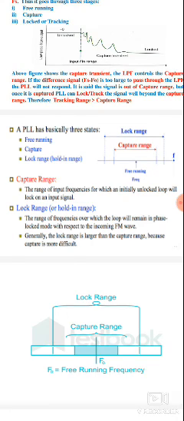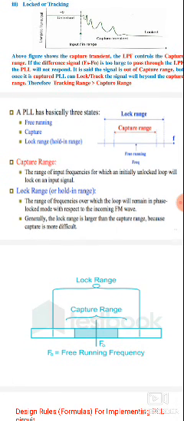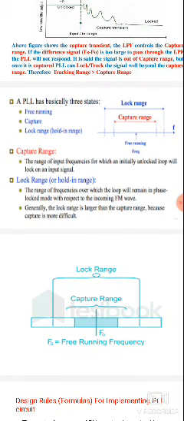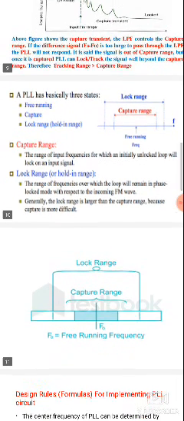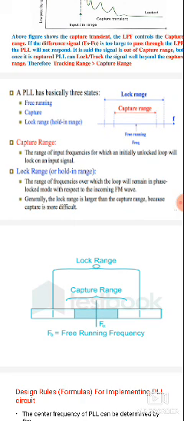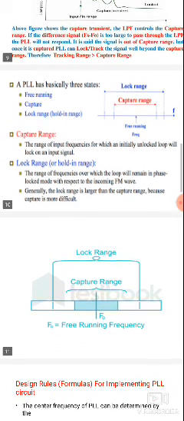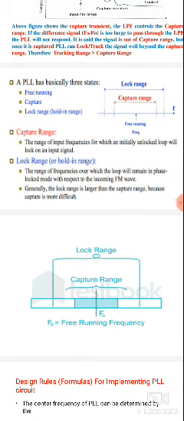If it is too high, the capture range will not capture the signal and the PLL will not respond. If Fs minus F naught is low, it starts capturing. The PLL can track the incoming signal once capturing starts. In capturing mode, the tracking range is greater than the capture range.